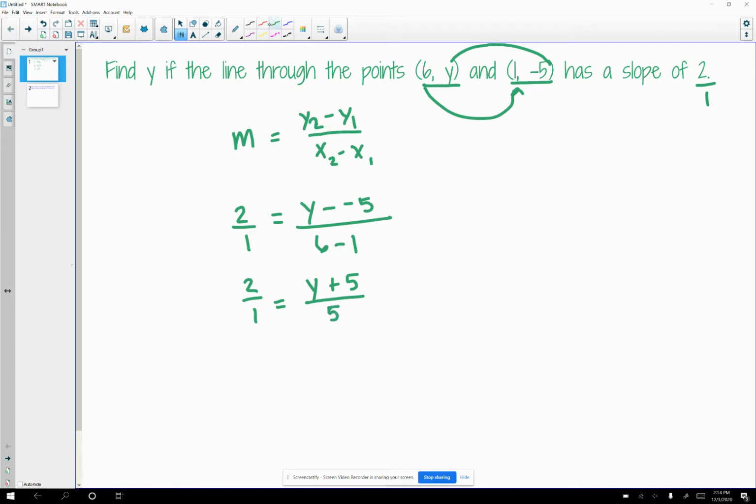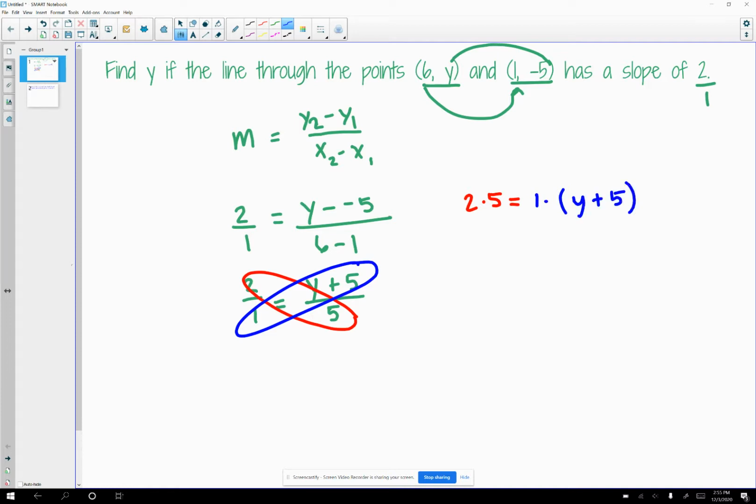And now that it's cleaned up, I'm going to cross multiply to solve. So I'm doing 2 times 5, and I set that equal to 1 times y plus 5. And now we're ready to go. So 2 times 5 is 10.